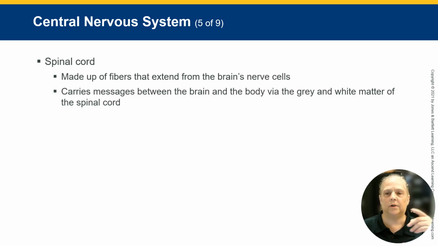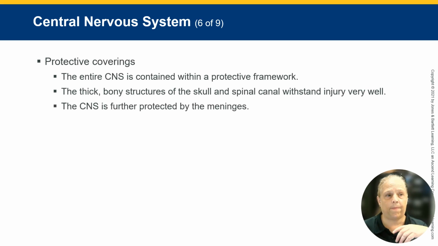Your spinal cord, if you think of the spinal cord as an extension of the brainstem, the fibers come down from the brainstem through the spinal canal. It comes out through an opening in the skull.